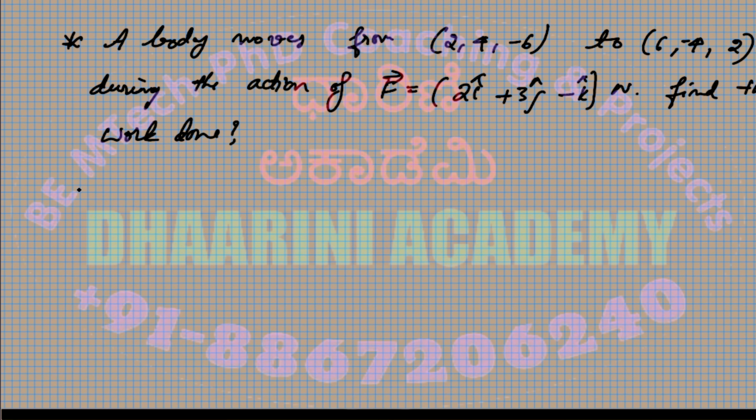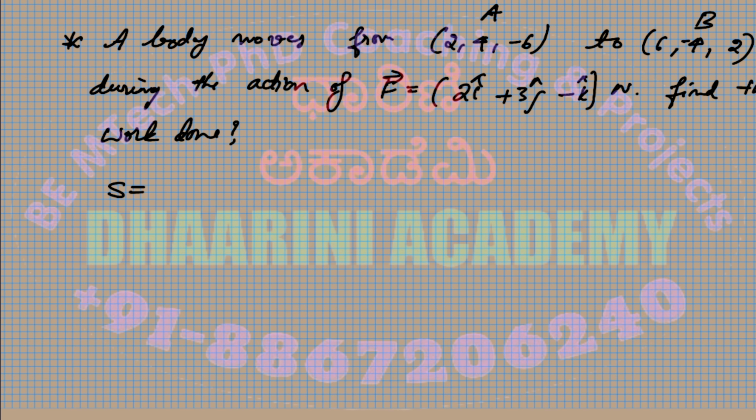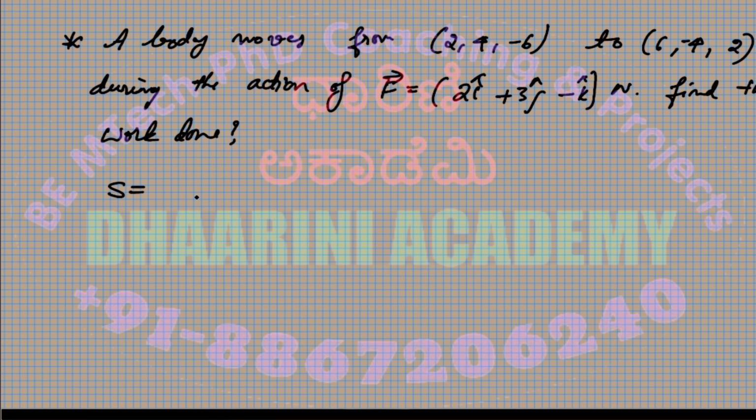So what's the amount of work done? So the displacement needs to be found. So you have to find the displacement first. So the displacement is, this is something like A, point B. So from A to B it moves. So the displacement vector has to be found by destination minus the source, right? So that is 6 minus 2, the x component into i cap.